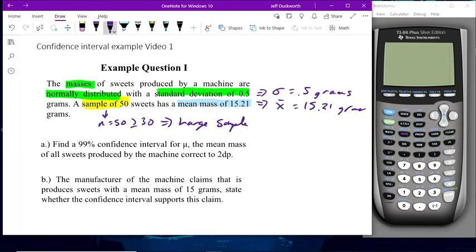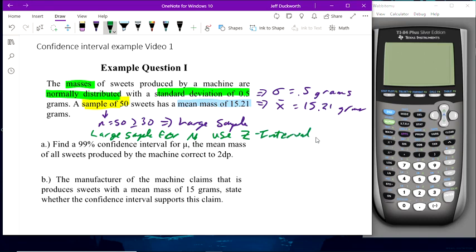So for our confidence interval, we have a large sample for the mean. Large sample for mu, we will use the z interval.